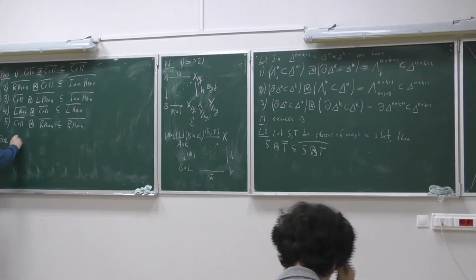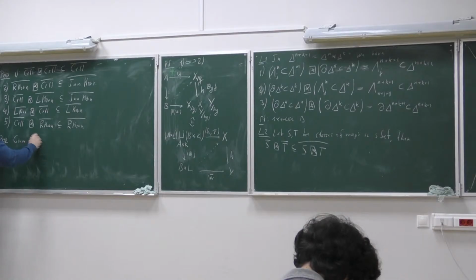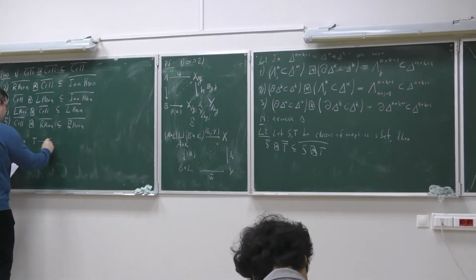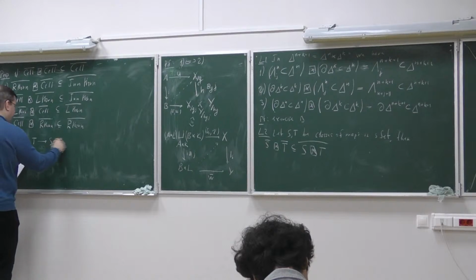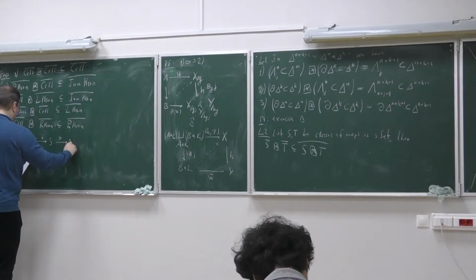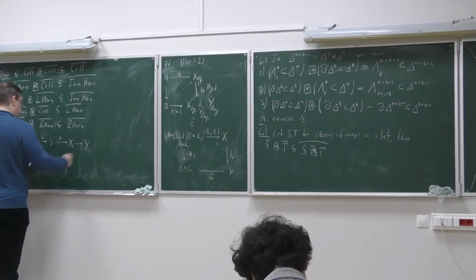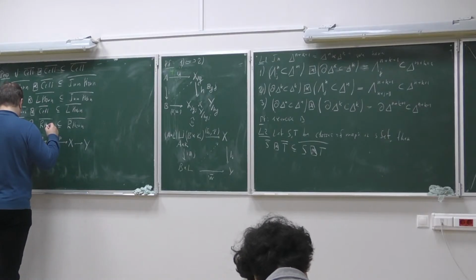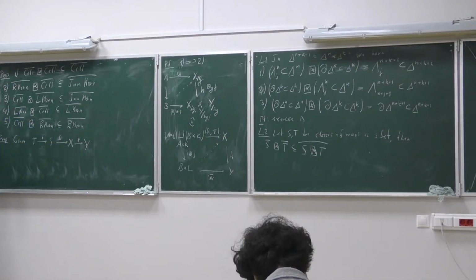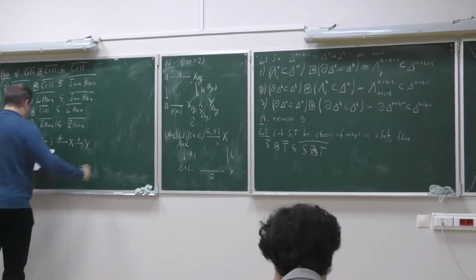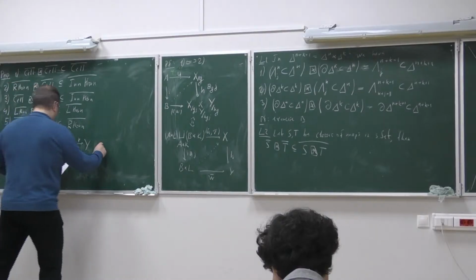In the next proposition, I assume that we're given 4 simplicial sets and 3 maps as before: J, P, and, I think, this is now F and this is P. With this situation, I want to introduce shorter notation.